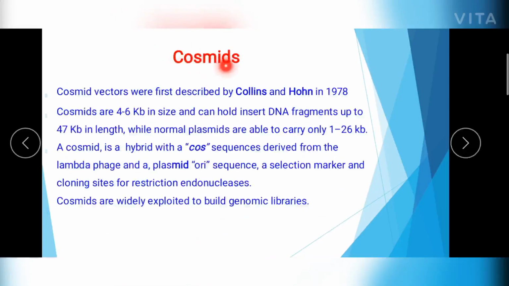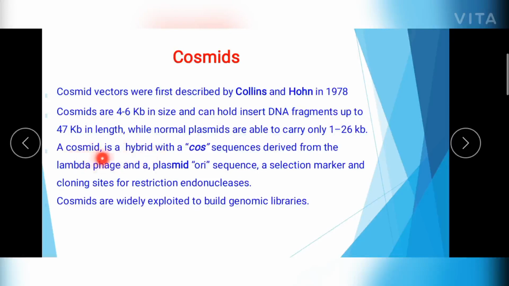So of the vectors, the first one is the Cosmids. These Cosmid vectors were first described by the scientists Collins and Hohn in the year 1978. These Cosmids are small sized vector molecules. The size is ranging from 4 to 6 kb, and it can hold DNA fragments of up to 47 kb in size.